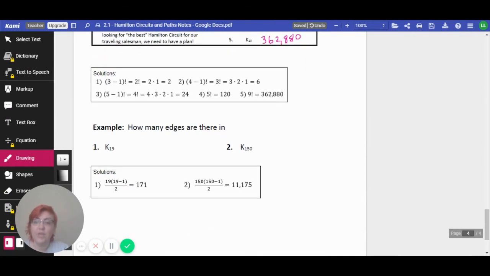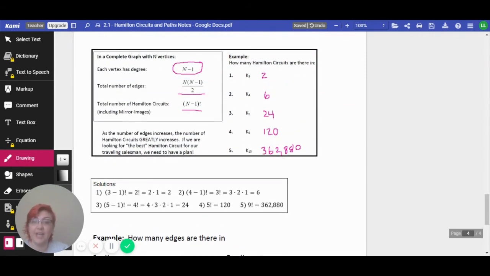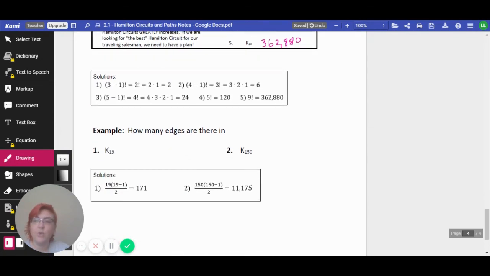So we can also use this information to figure out how many edges there are. Because remember, the number of edges is n times n minus 1 divided by 2. So if I have 19 vertices in a K19 complete graph, then I have n times n minus 1 divided by 2.